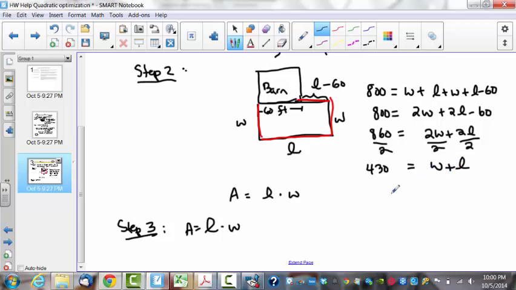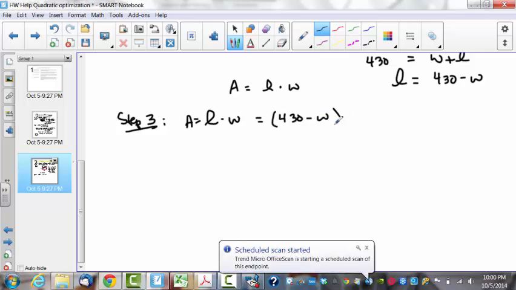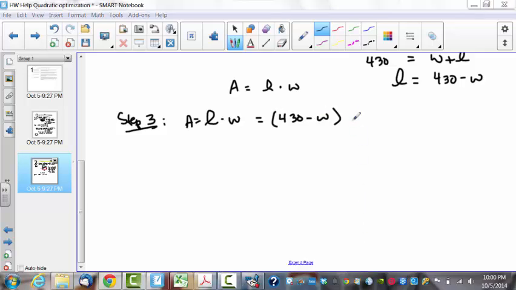So I'll just be consistent and I'll write length is equal to 430 minus W. Now let's rewrite this formula, and we have the length, which is 430 minus W times W.